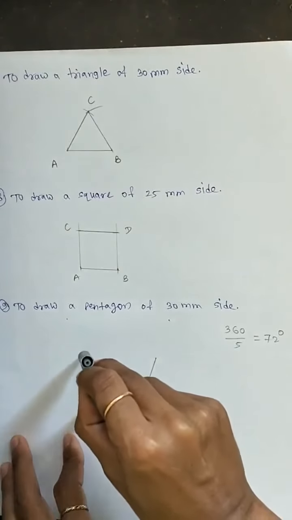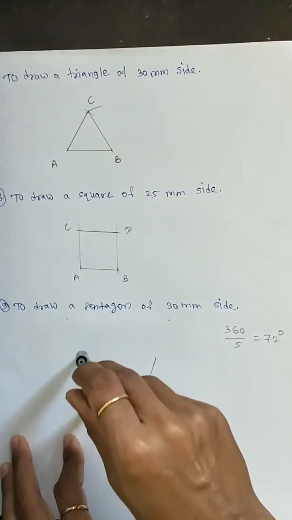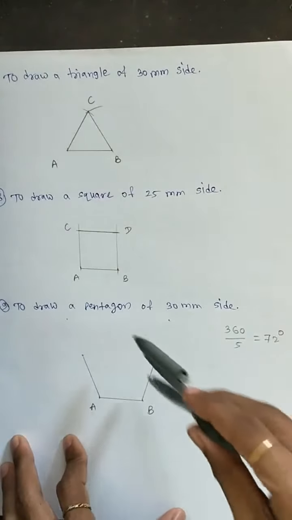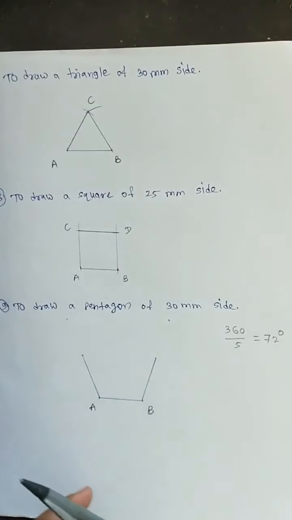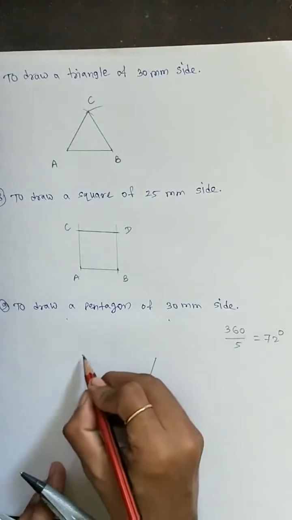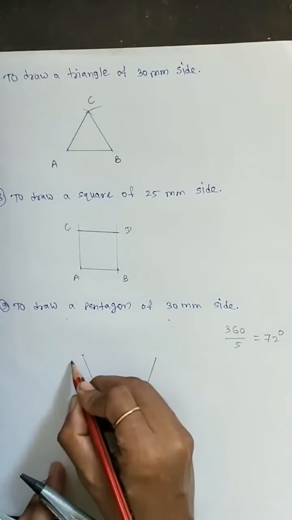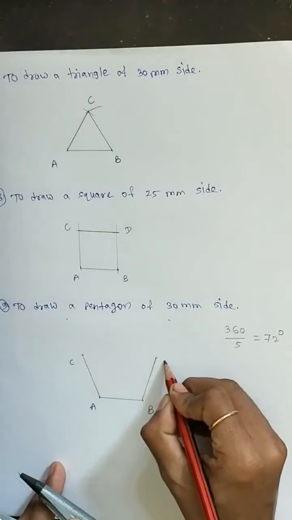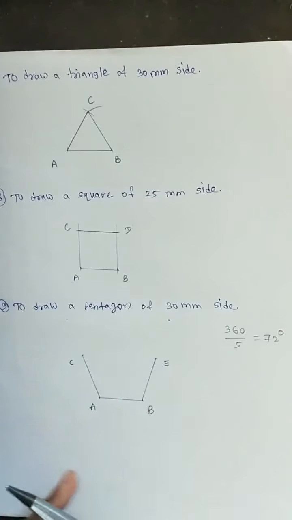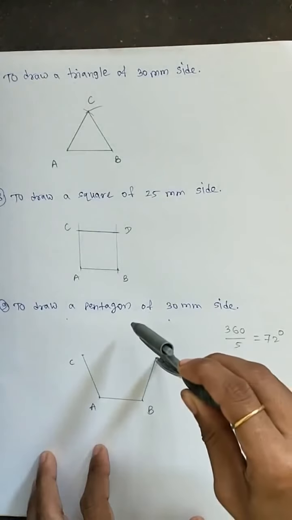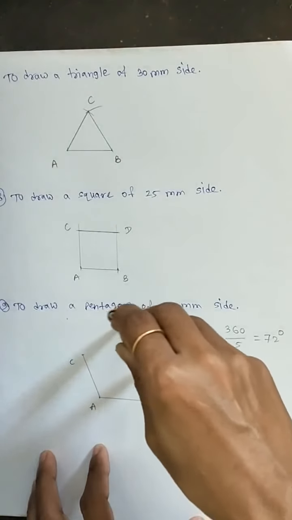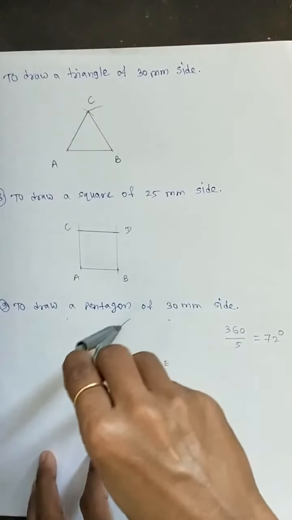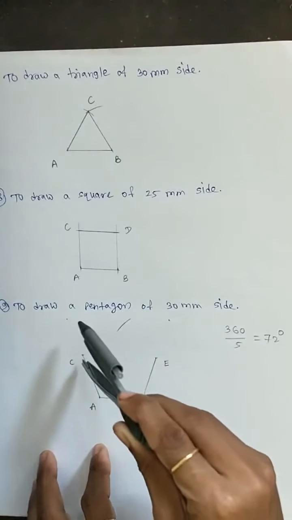So for remaining 2 sides, take distance of 30 mm and give name to this point as C, this point as E, and take 30 mm distance in your rounder and draw arc by taking E and C as center.